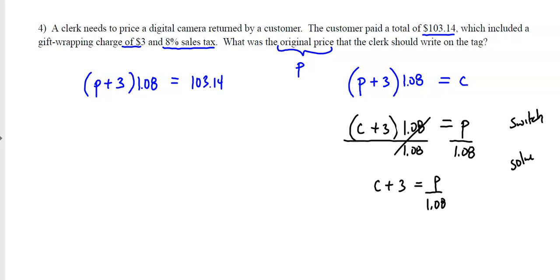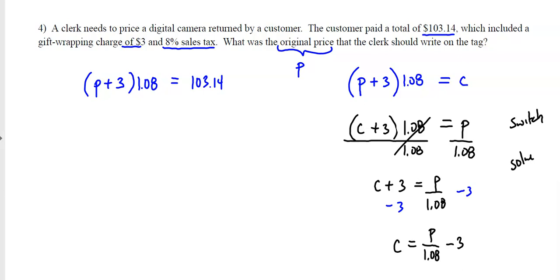Then the next thing I'm going to do is I'm going to subtract 3 from both sides. Subtract 3, and I would come up with a new function that could be used to go backwards and find the price.